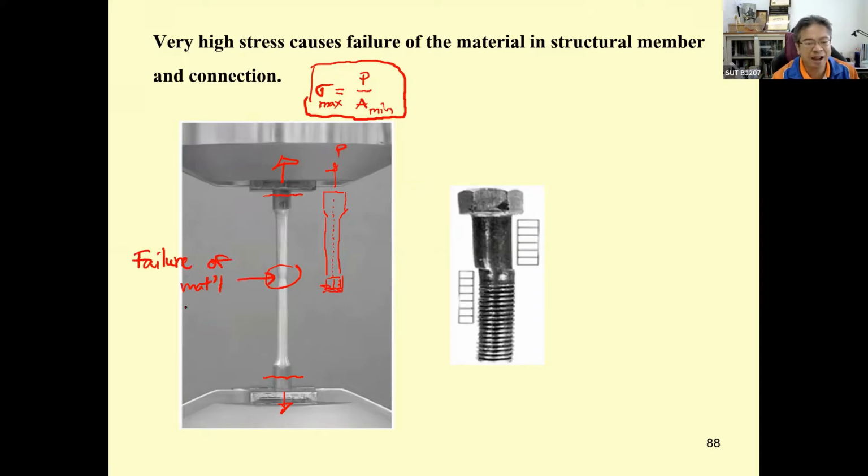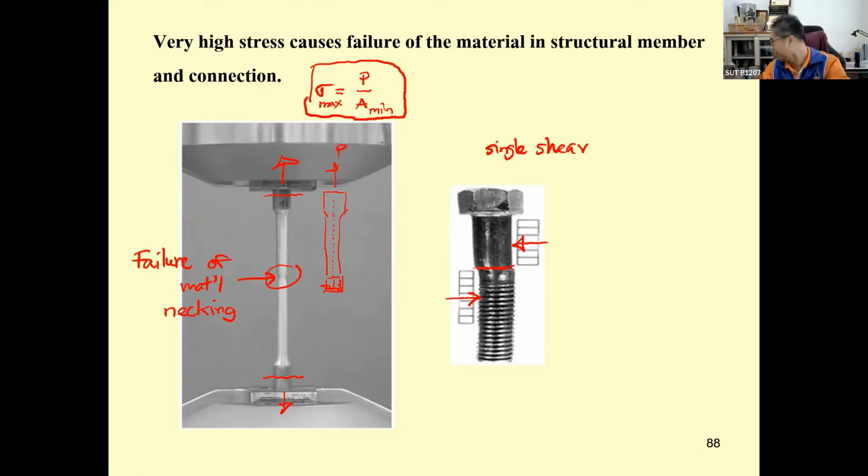This kind of failure is called necking. And then there is another type, the bolt over here. The bolt is subjected to a single shear, which occurs this way. This is called single shear because the failure path is only one here. It's going to be in a structure that is connected like this one.